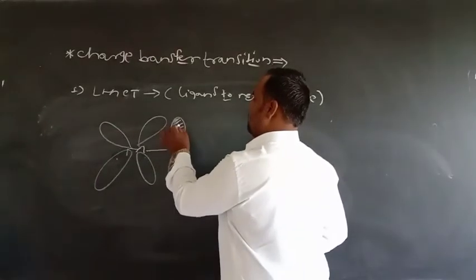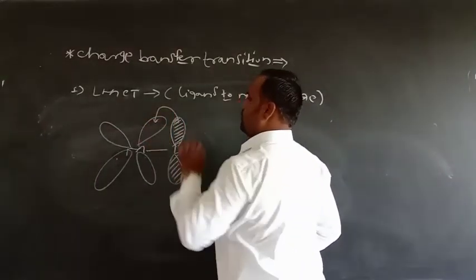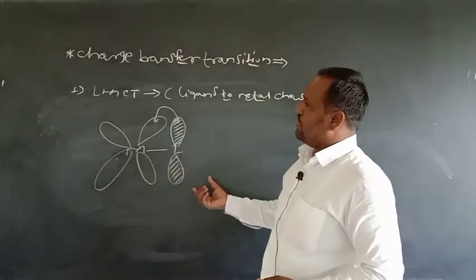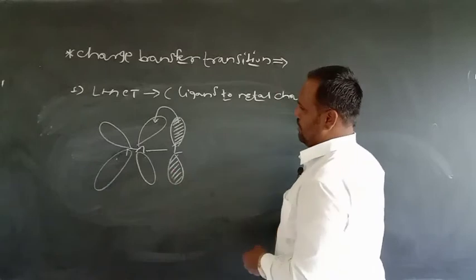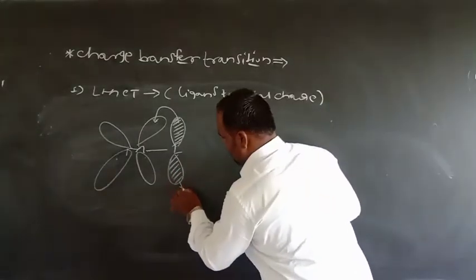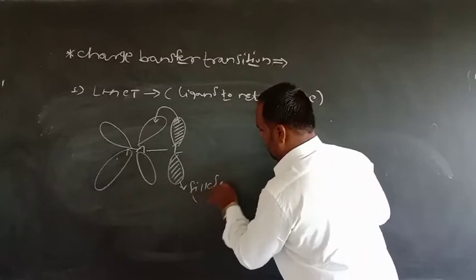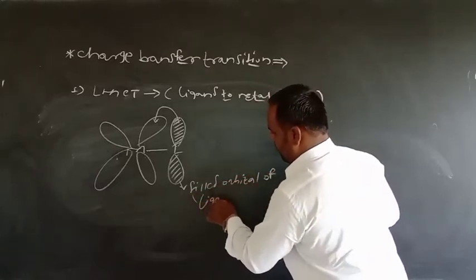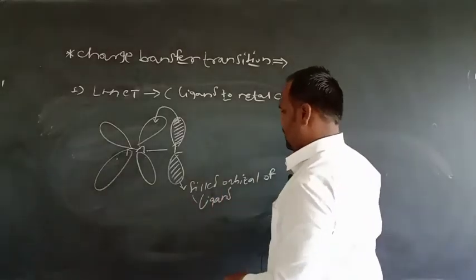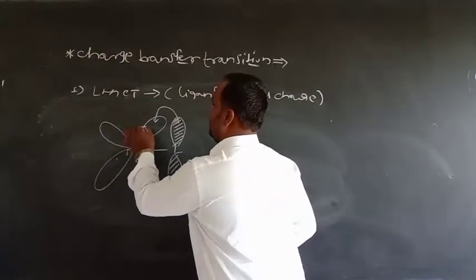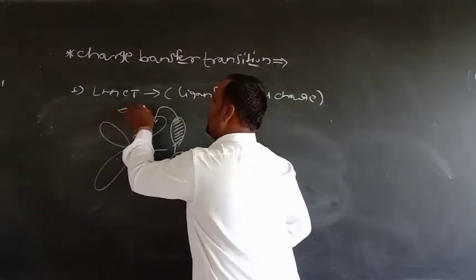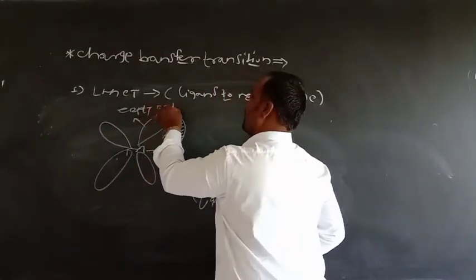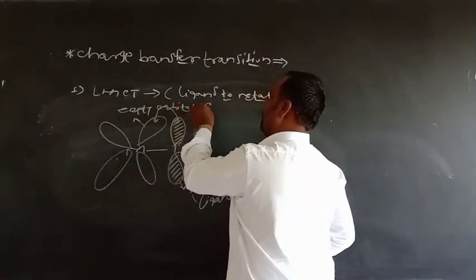There is a transfer of charge, or transfer of electron, from ligand to metal, and such a type of transition is considered ligand to metal charge transfer transition. So this is the filled orbital of the ligand, and this is the empty or vacant orbital of the metal.